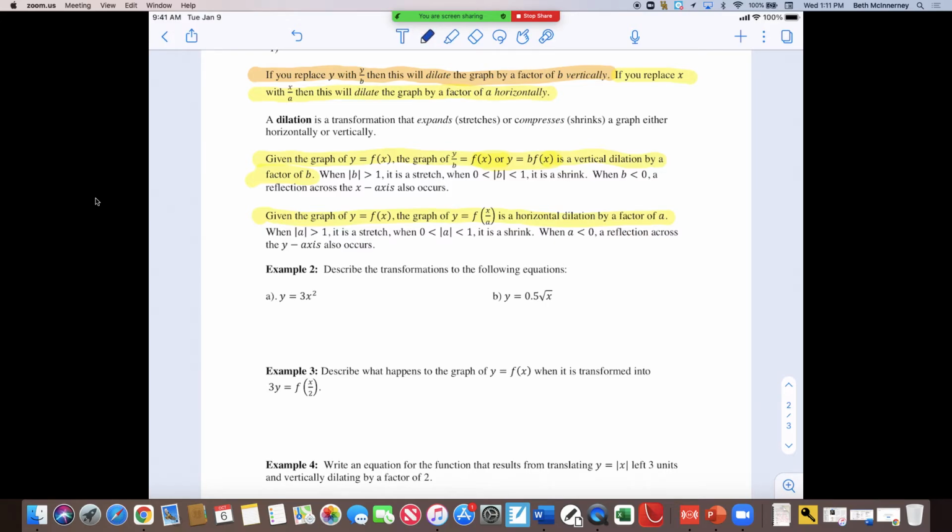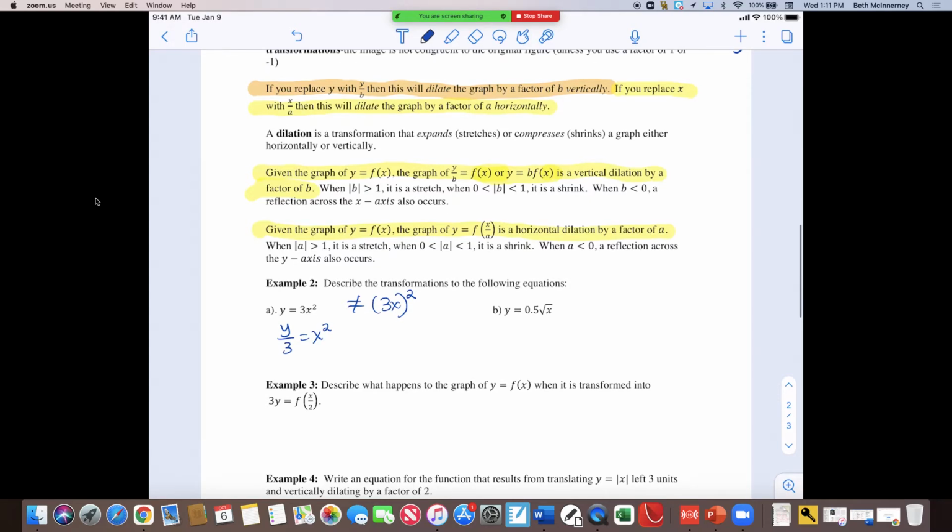So in example 2, letter A, do you see there's no parenthesis around the 3 and the x? Some of you have been using improper math notation. This is not the way we say the quantity 3x squared. That's not what we have. So I can divide both sides by 3.